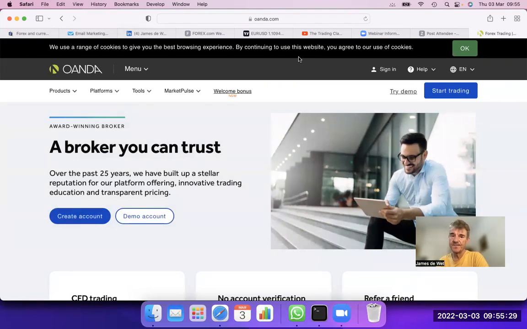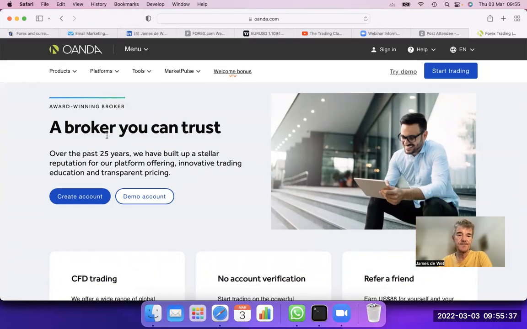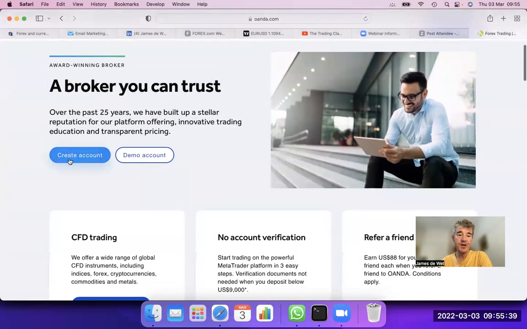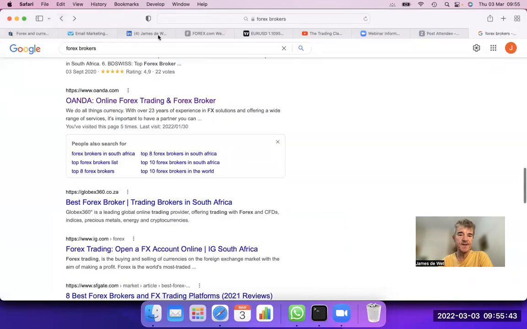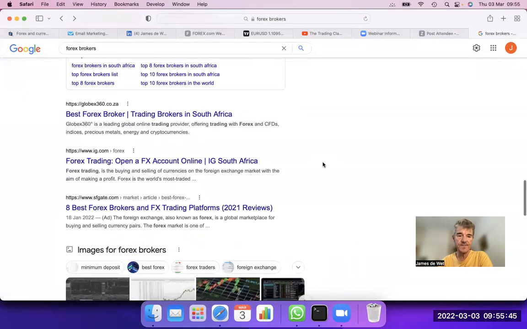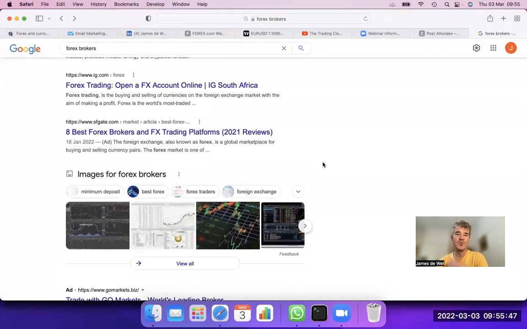That's the amount between the bid and the ask price, the buy and the sell price. The commission that they charge essentially is very low. So you can go with a live account or a demo account. I'd recommend them. They've been around for a very long time, probably 20 years or more.